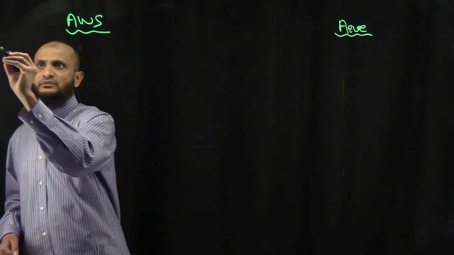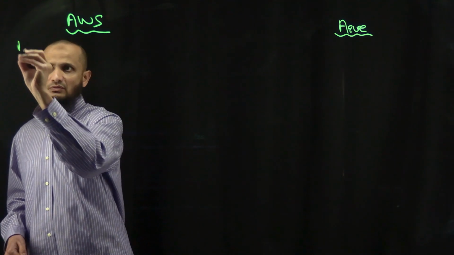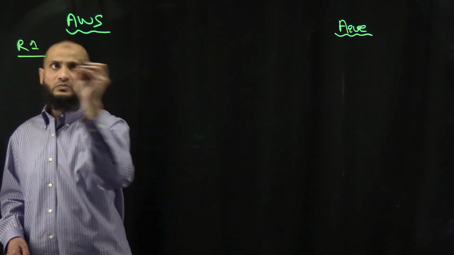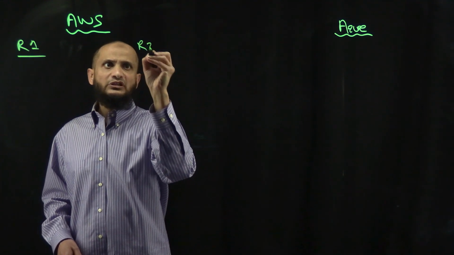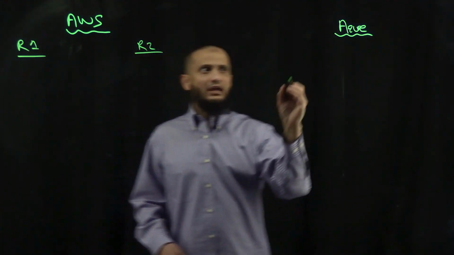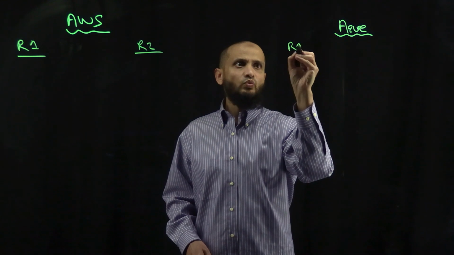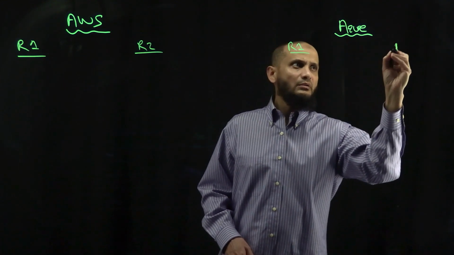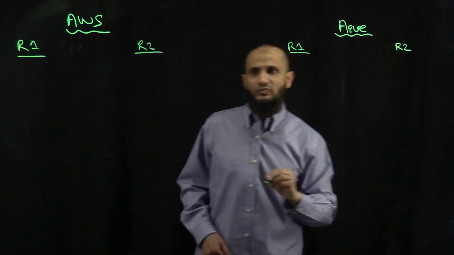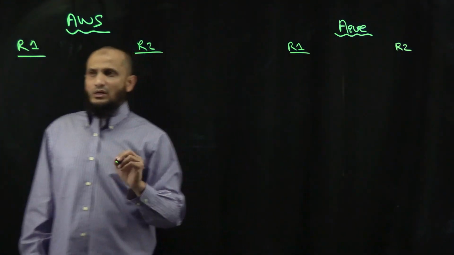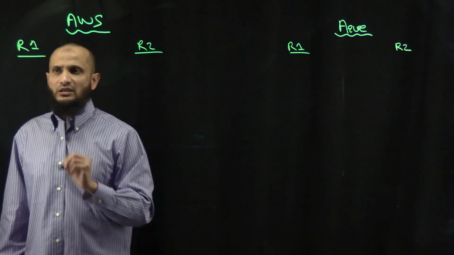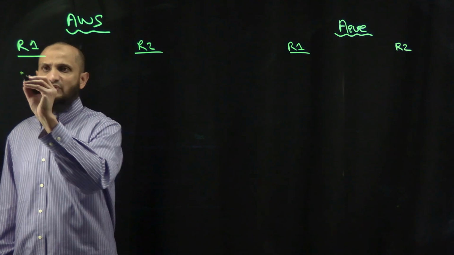And it has two different regions, region 1 and then region 2. Same thing in Azure, region 1 and region 2. Let's create the application VPCs.